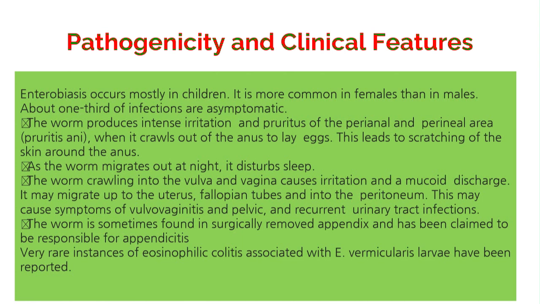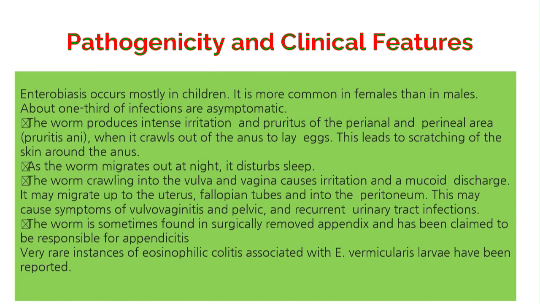It may migrate up to the uterus and fallopian tubes and into the peritoneum. This may cause symptoms like vulvovaginitis and recurrent urinary tract infection. The worm is sometimes found in the surgically removed appendix and has been claimed to be responsible for appendicitis.